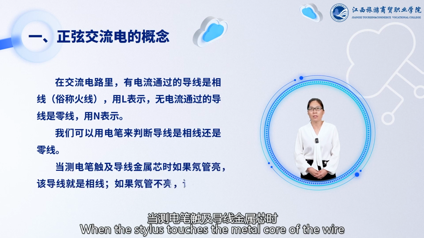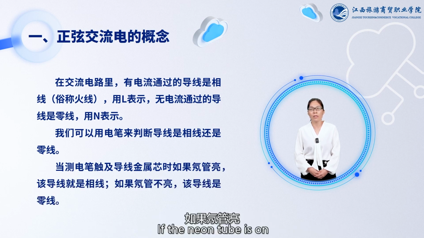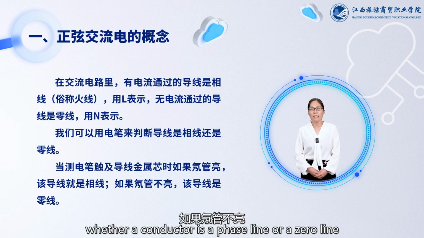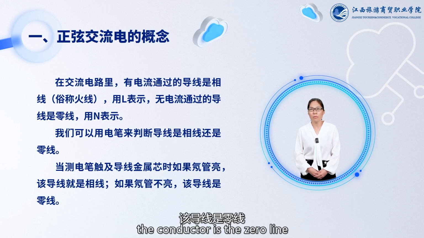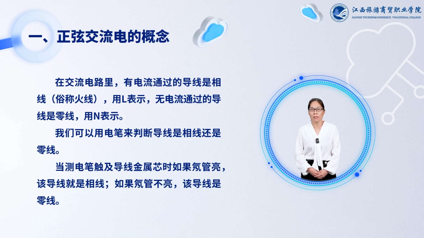When the stylus touches the metal core of the wire, if the neon tube is on, this conductor is the phase line. Otherwise, the conductor is the zero line.